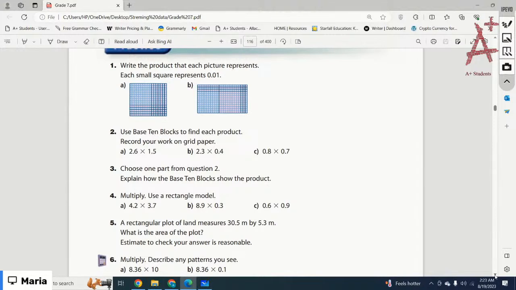So basically you have to make a rectangle with a length of 2.6 and a width of 1.5. You then have to count the blocks in the rectangle.